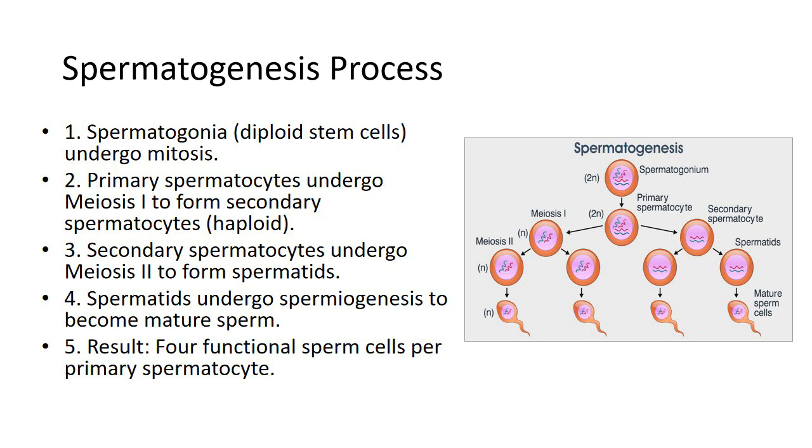During this phase, spermatids develop a flagellum, a tail for motility, shed excess cytoplasm, form a head containing the nucleus which holds the genetic material, and develop a midpiece packed with mitochondria to provide energy for the sperm's movement. Mature sperm. The final product of spermatogenesis is 4 mature sperm cells that are capable of fertilizing an egg.